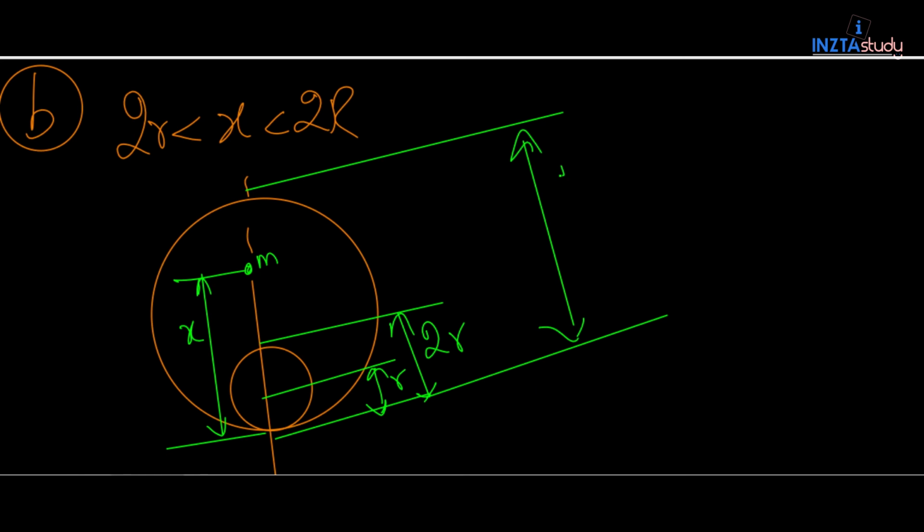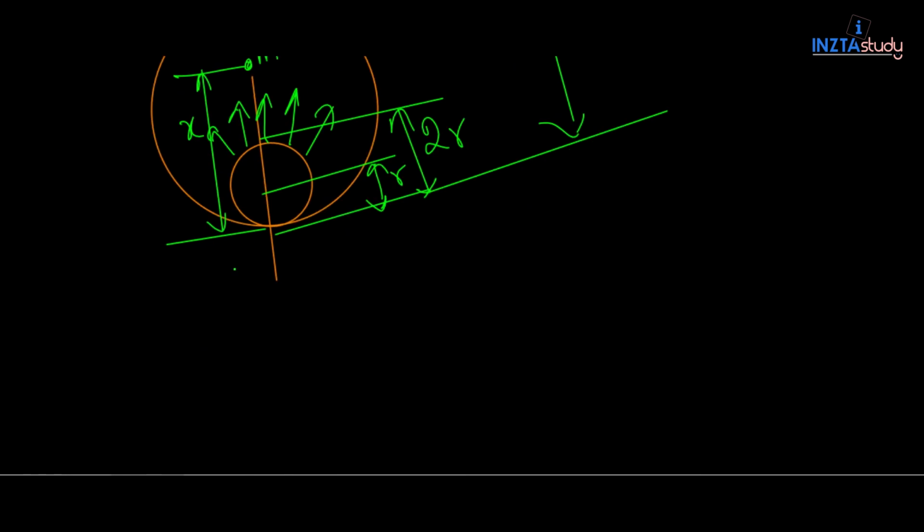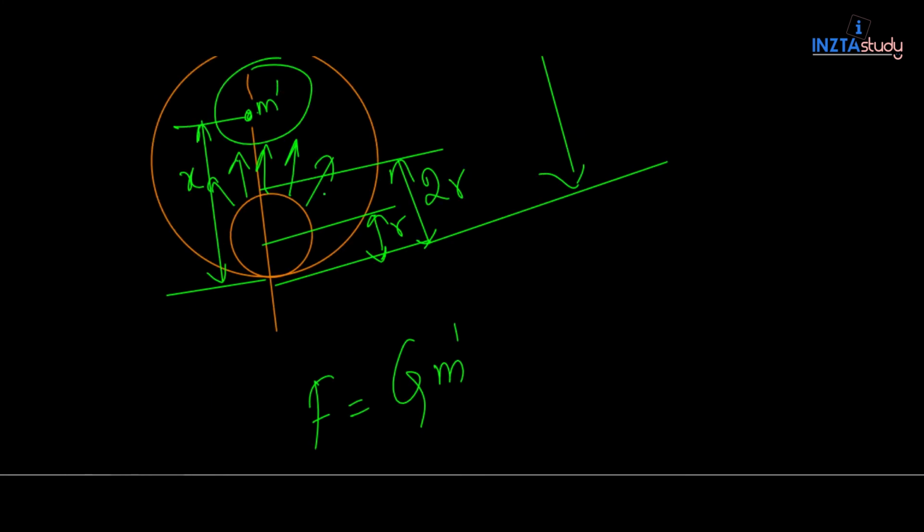As we have known already, force will act only due to this sphere and nothing else. So this sphere has no effect on this. So directly we can solve it by saying that F equal to G m dash, mass of the required particle, into mass of the sphere divided by the distance, which would be x minus r, the total distance taken from the CG. So this distance is what is required. So total is x minus r the whole square.